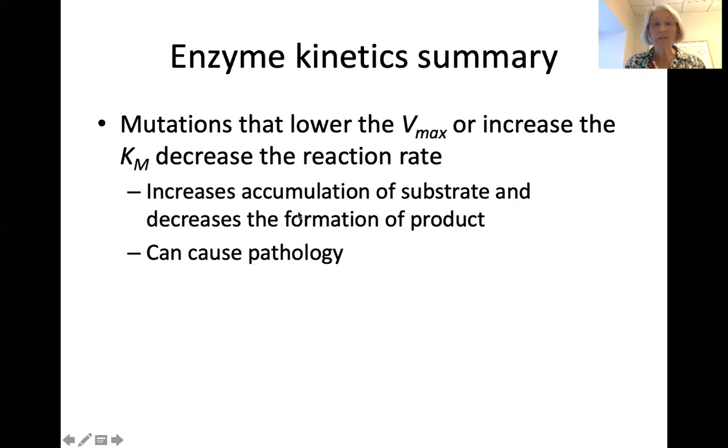And this can result in accumulation of substrate or decreased formation of product. For the reaction we just talked about, what was important was the decreased formation of product, resulting in lower amounts of insulin secretion, and that this can cause pathology. In the case of glucokinase, the blood glucose levels could be too high.